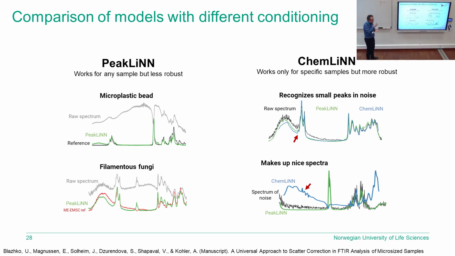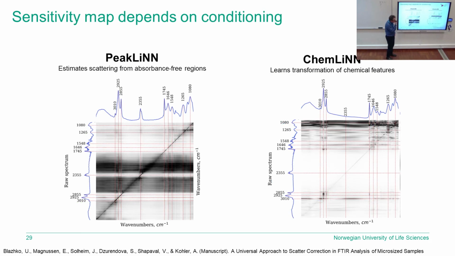So then you really go into it and try to understand what a neural network is doing. Also this figure, the sensitivity map, shows you what the neural network actually uses. Here you see the raw spectrum, and it tells you which parts of the spectrum the network uses for reconstructing the pure absorbance spectrum.